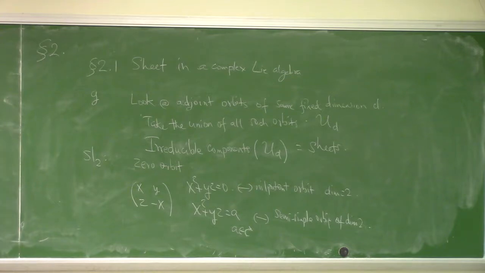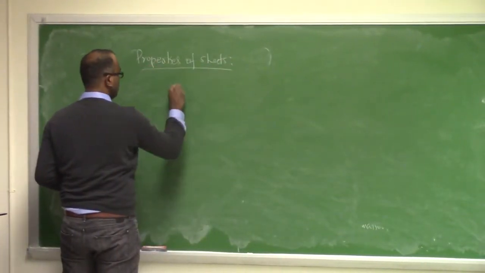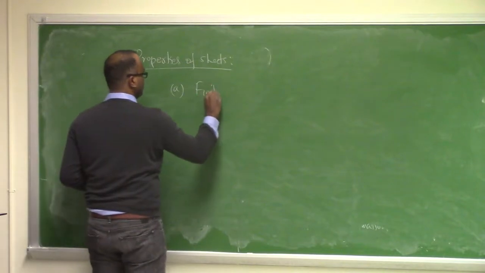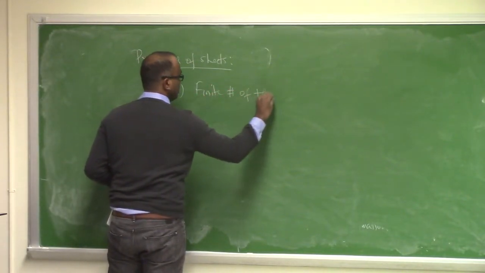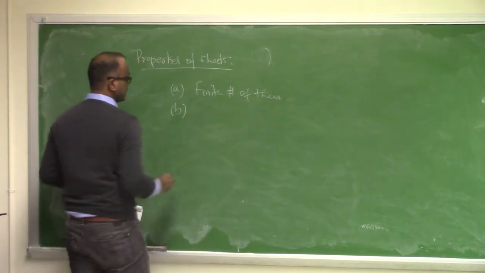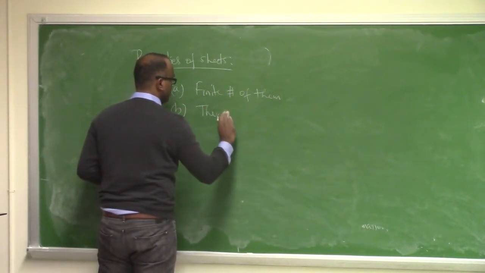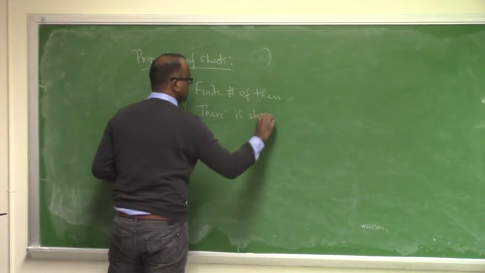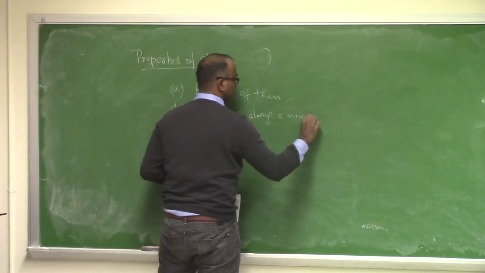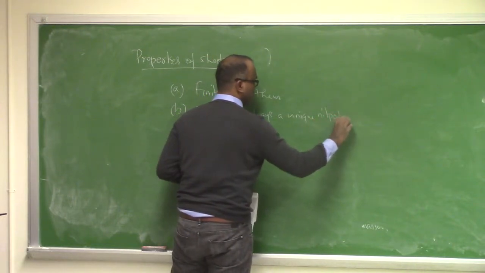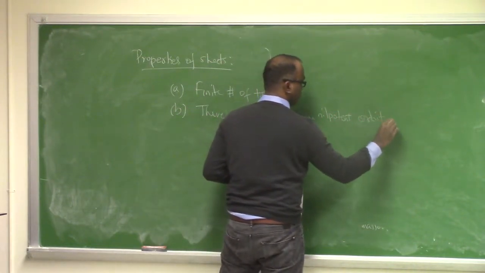So let me tell you some properties of sheets. So the first thing is that there's always a finite number of them in any complex Lie algebra. The second thing is that there's always a unique nilpotent orbit in a sheet.